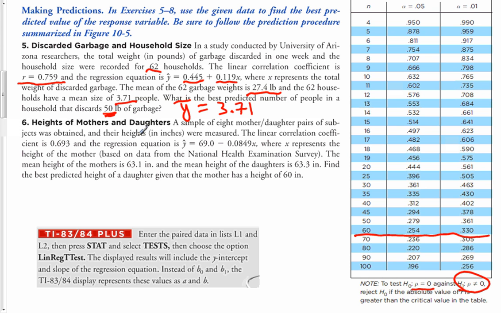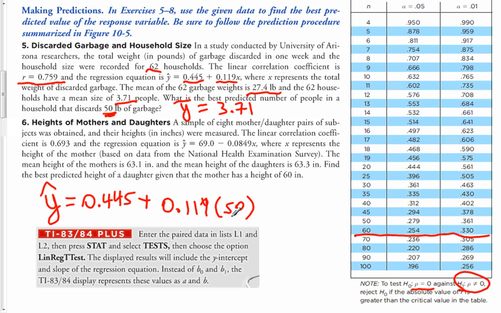So there is a correlation between the amount of garbage you dispose of in 1 week and the size of your house. And in order to calculate the best predicted value, we're going to use Y hat, which is going to equal 0.445 plus 0.119 times X, which is 50.